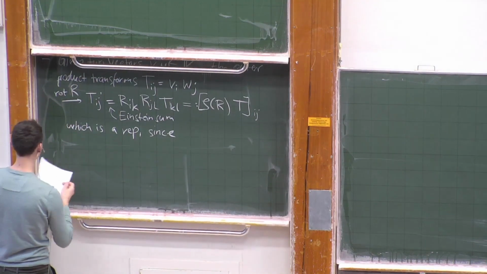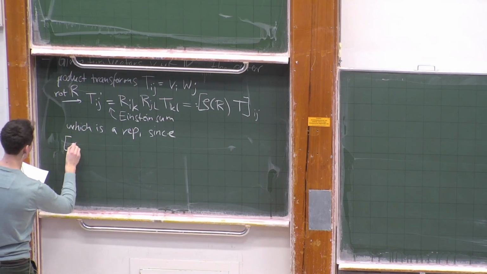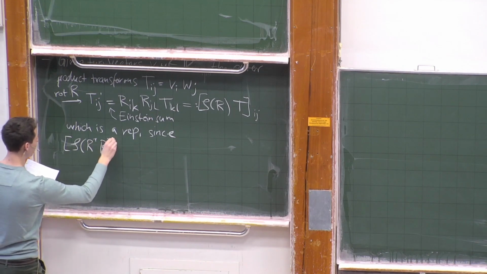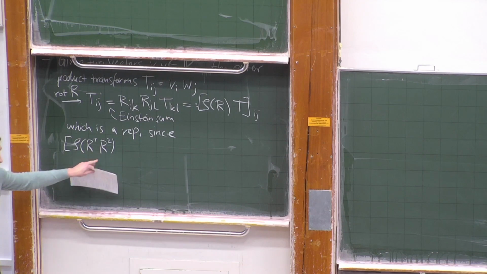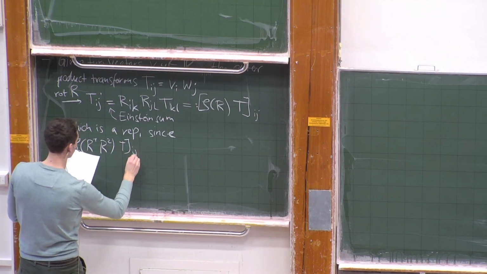To do this, we just check the formal definition of a representation by applying two rotations to this tensor and then looking at this in components.